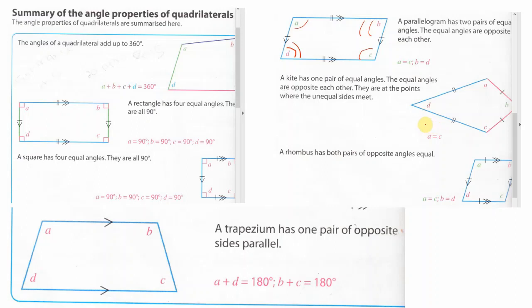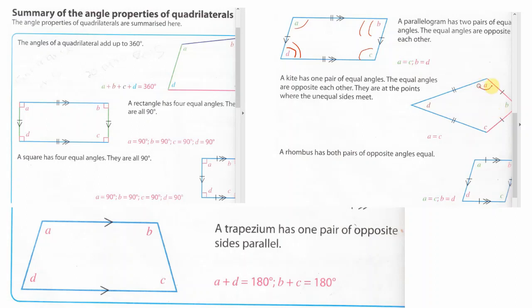So the kite, for the kite we know we have what we call the line of symmetry. So we have 2 halves that are mirror images. Now we have the blue sides that are equal and we have the red sides that are equal.